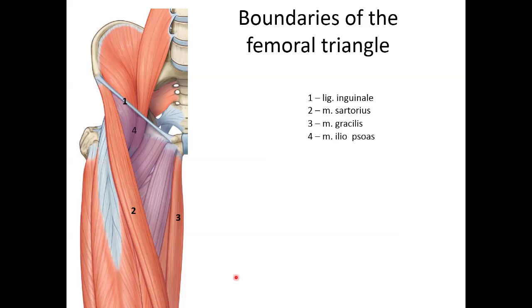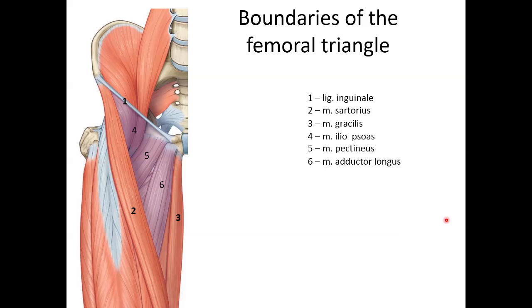It's musculus iliopsoas. It should be written as one word, iliopsoas. Then, number 5, what is it? It's musculus pectineus. And then number 6, it's musculus adductor longus.